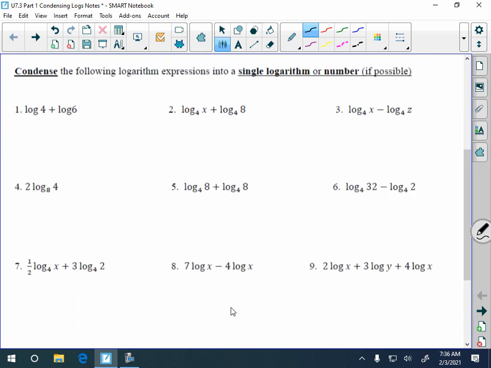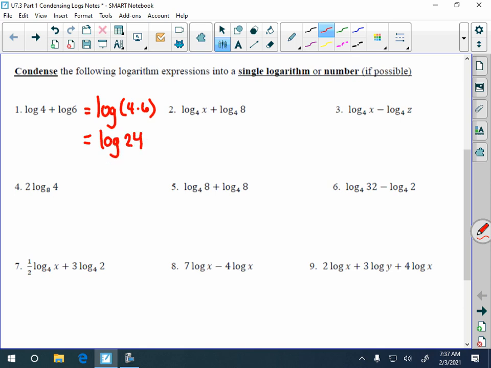All right, so here it says condense the following into a single logarithm or a number if possible. All right, so number 1, log 4 plus log 6. So addition, you want to think condenses into multiplication. So this is log of 4 times 6, which is going to equal log 24.